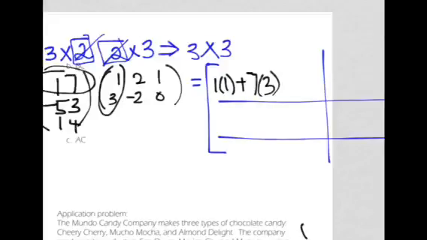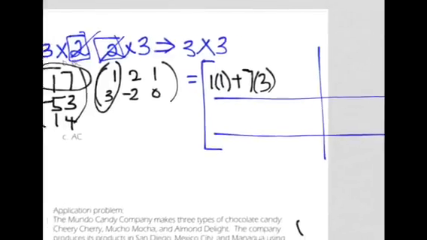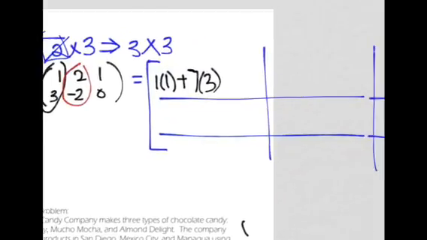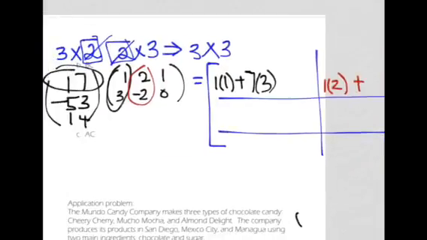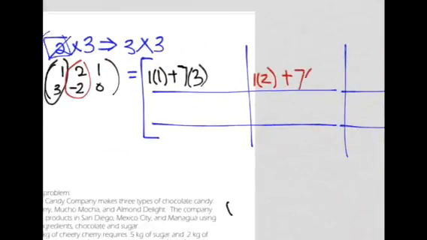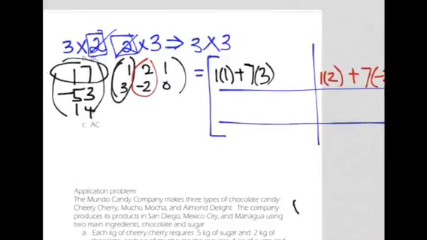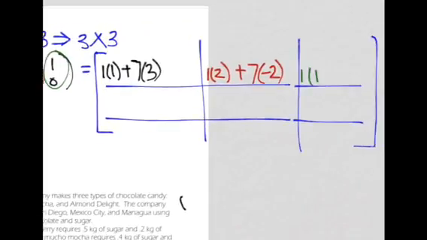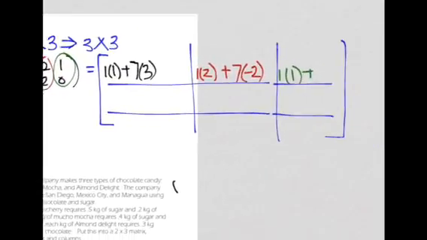I never knew my handwriting could look so awful. Then I have to take the 1 and the 7 times the 2 and the negative 2. So 1 times 2 plus 7 times negative 2. One more, the 1 and the 7 times this 1, 0, which is 1 times 1 plus 7 times 0.